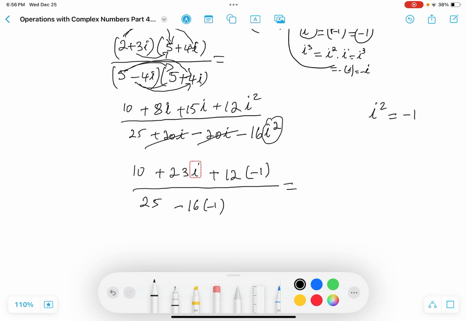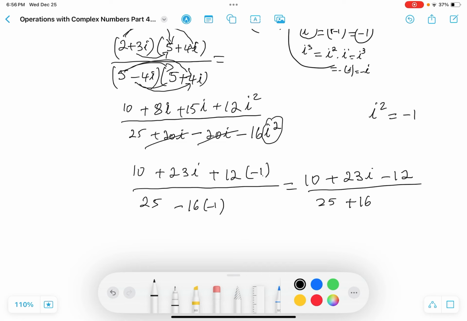Let's continue a little bit here. So 10 plus 23i. 12 times negative 1 would be negative 12. Divided by 25 minus 16 times negative 1, which would be plus 16.